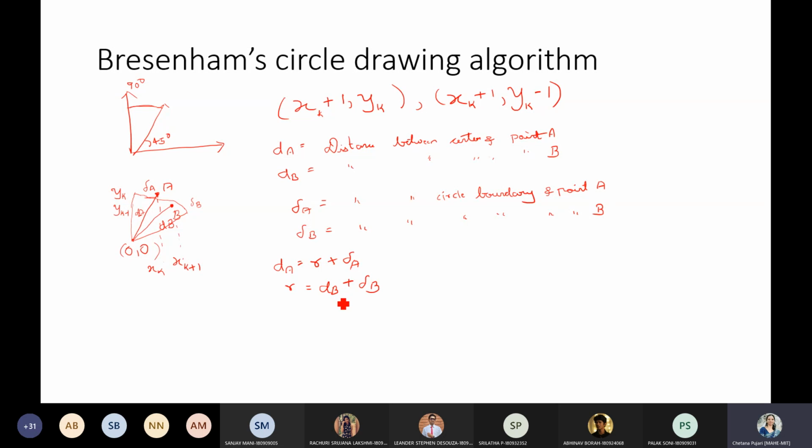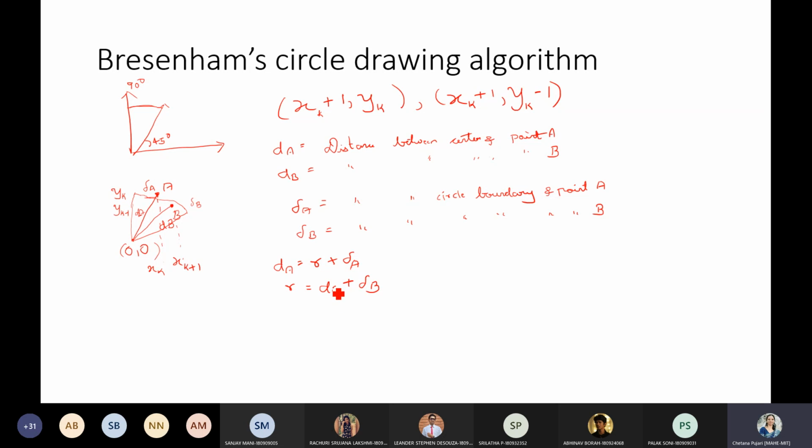Because B is a point inside the boundary. Hence, your R will be equal to dB, the distance between the center and the point B, plus delta B, which is the distance between the point B and the circle boundary.